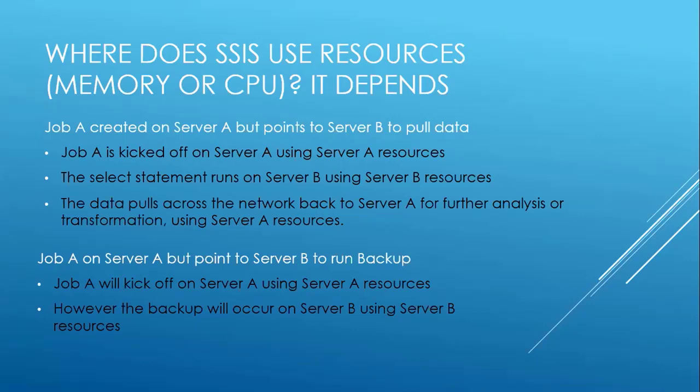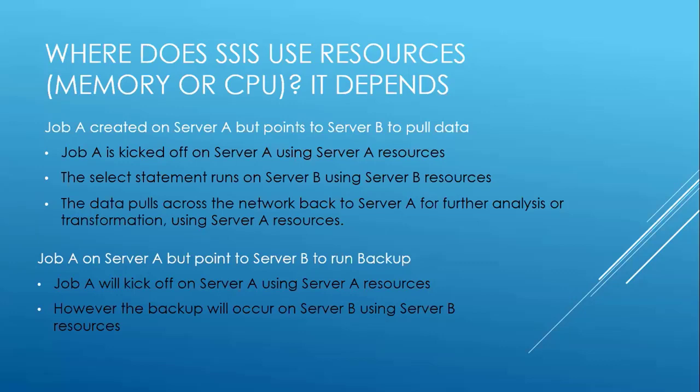Now for maintenance, and in our case, we did the rebuild of indexes. The SSIS job starts on server 1, server A, but we want to rebuild on server 2. The SSIS job starts on server 1. The SSIS executable is on server 1, but the rebuild is on server 2.